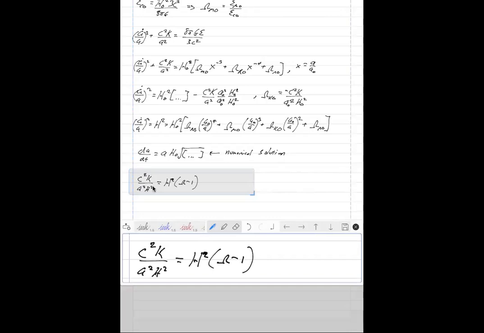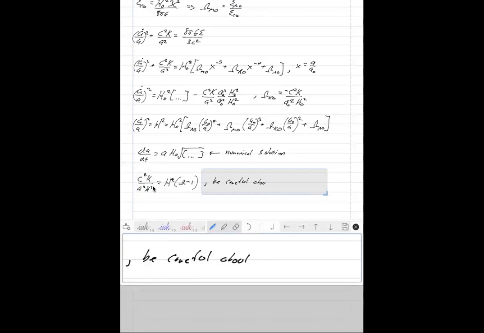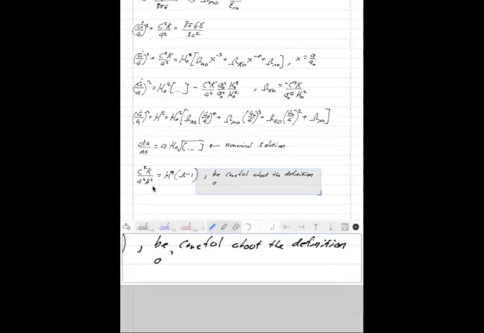And we noted that if k is a certain value, it means that omega has to be either equal to 1 always, or less than 1, or greater than 1, and we use the sign here. And what I want you to be careful about is the definition of omega.